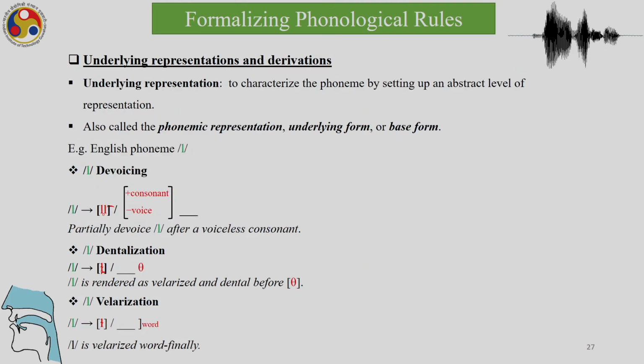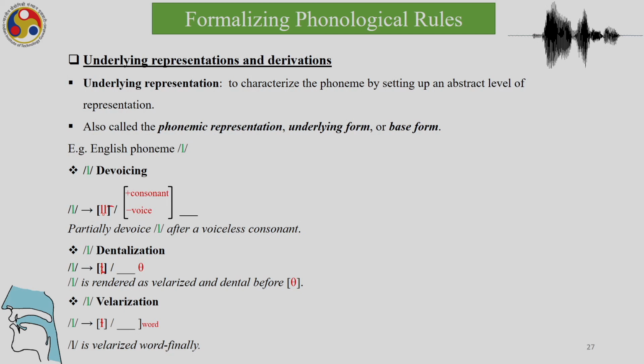Now, moving on to underlying representations. Underlying representations characterize the phoneme by setting up an abstract level of representation, also called the phonemic representation, the underlying form or the base form. Now, recall the English devoicing, partial devoicing, that happens if there is a preceding voiceless consonant.